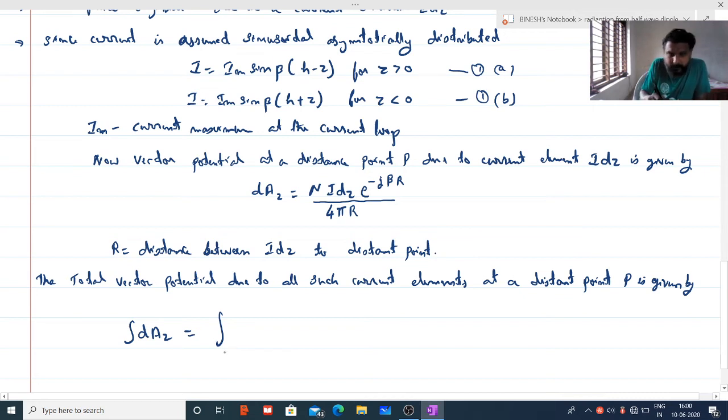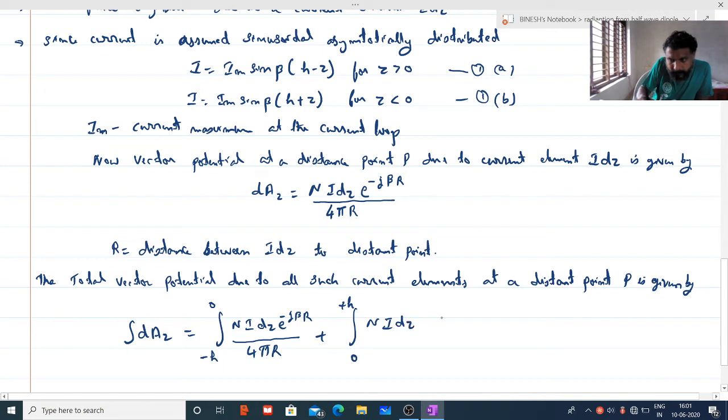So the integral from minus h to 0 of mu I dz e raised to minus j beta r divided by 4 pi r, plus the integral from 0 to plus h of mu I dz e raised to minus j beta r divided by 4 pi r.